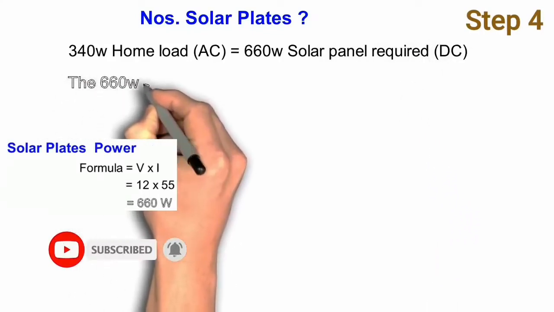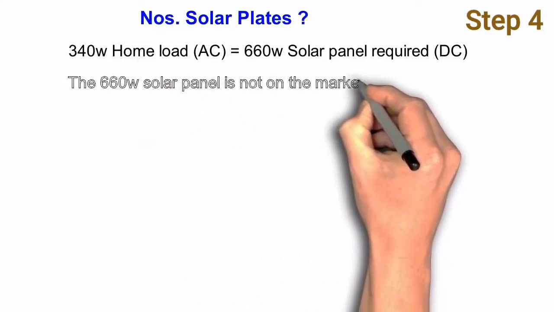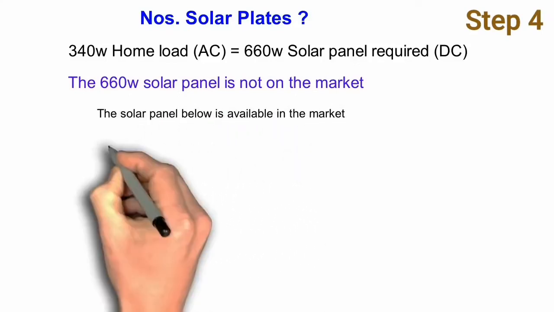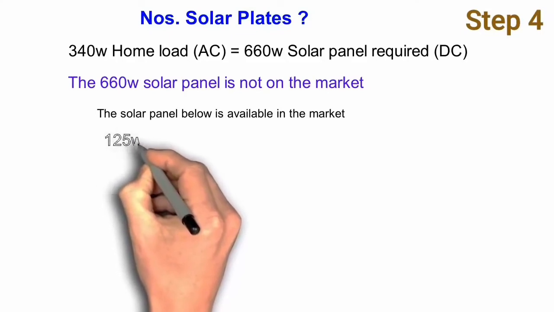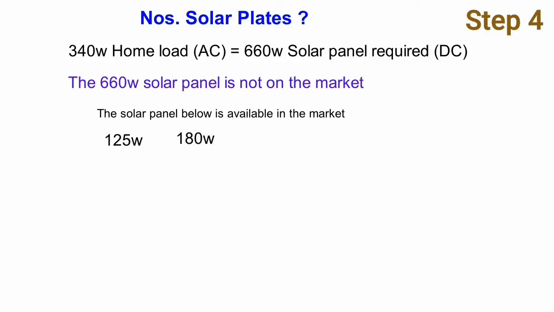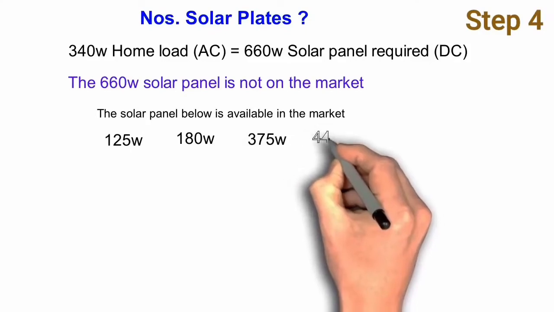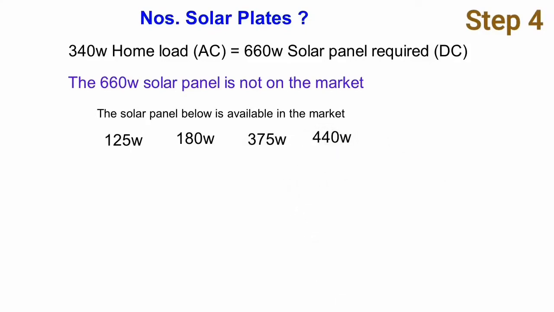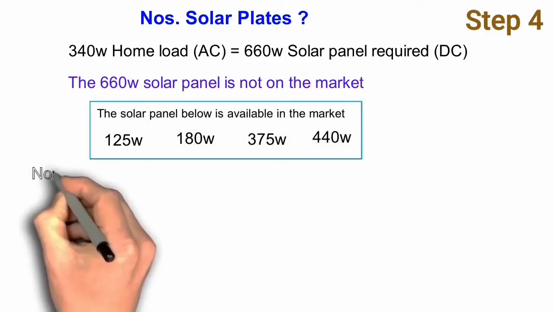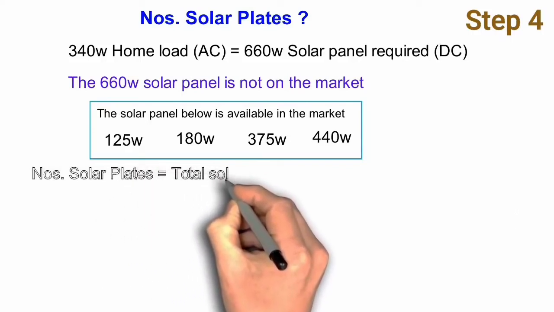In order to do that, we take the 660 watt and divide it by three, four, or five. We know that the most common types of panels you find in the market are usually 125 watts, 180 watts, 375, and 440 watts. These panels are very much available in the market, so you might pick from this range.